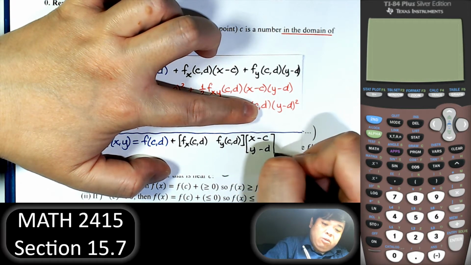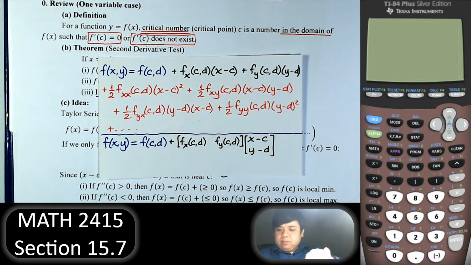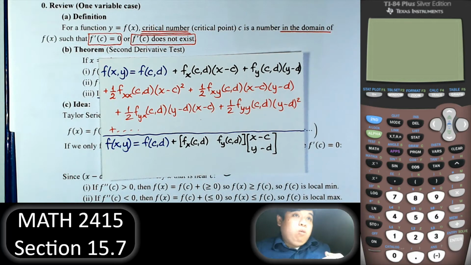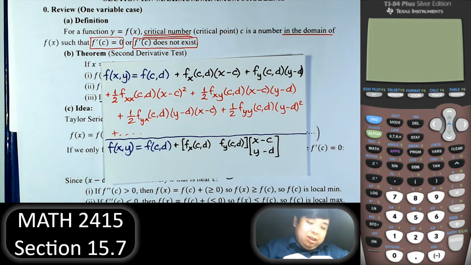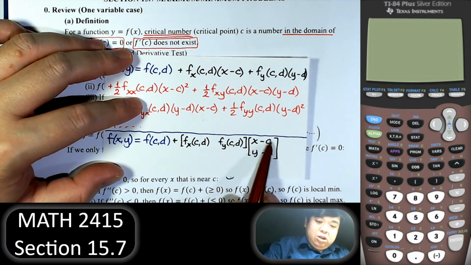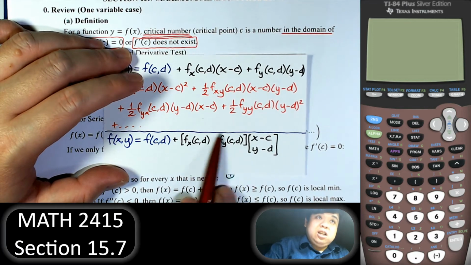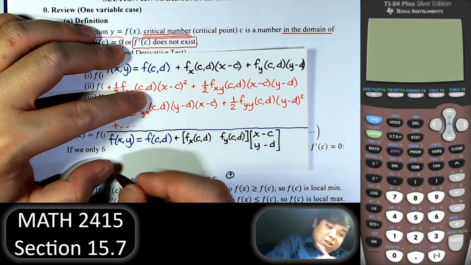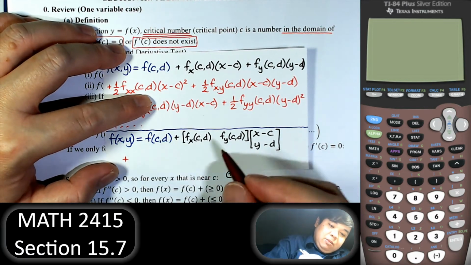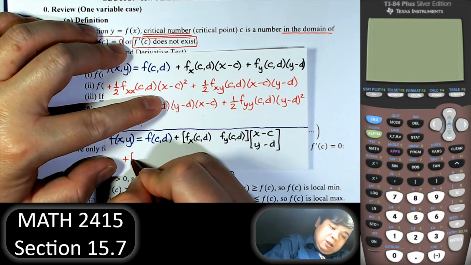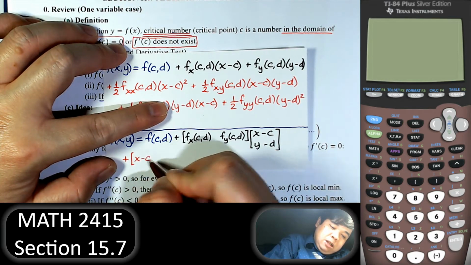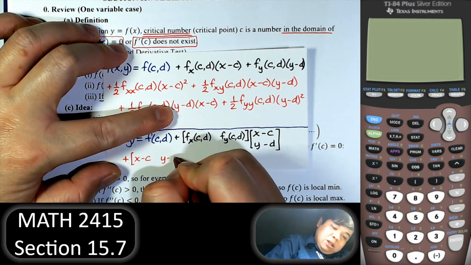So in matrix form, that's what we have. Now the more bizarre one is for the second derivative. But by the way, 1/2 times a 2 by 1, this is just going to be a scalar. Now the second derivative, I'm going to write like this: (x minus c, y minus d).